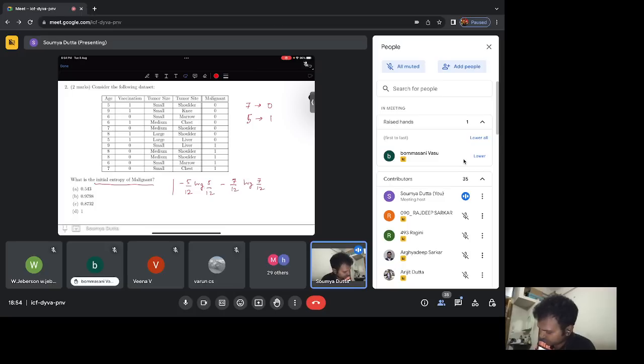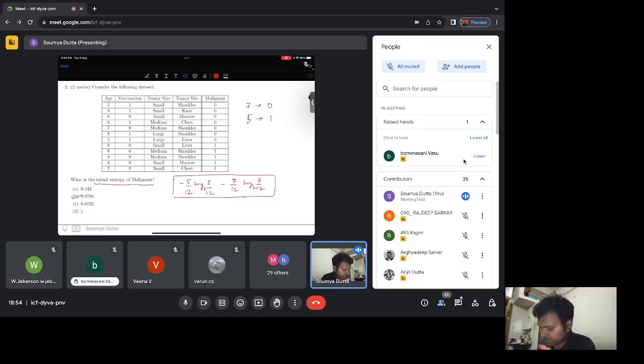These are all log base 2. Of course, I won't be able to do this calculation. The answer that would come out to be is 0.9798. You can check that for yourself.